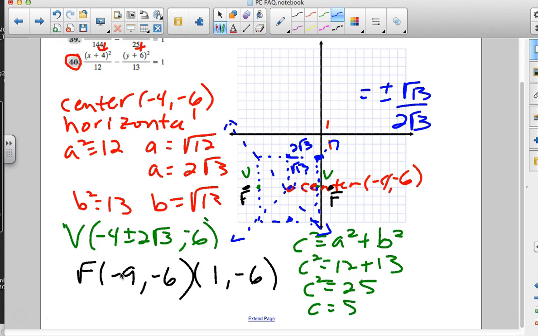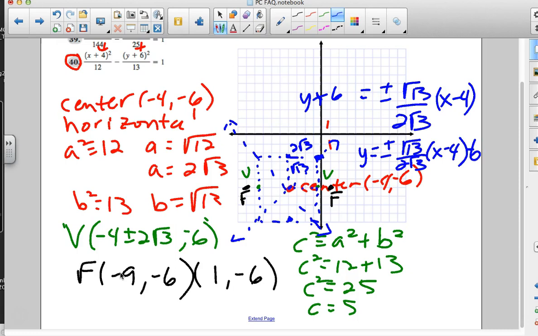And then we need our y minus k, so it'll be y plus 6 equals. And then we have x minus h, so this will be x minus 4. And to make it in the form that the book had, we just subtract the 6 from both sides. So y equals plus or minus the square root of 13 over 2 square roots of 3 times the quantity x minus 4, minus 6.